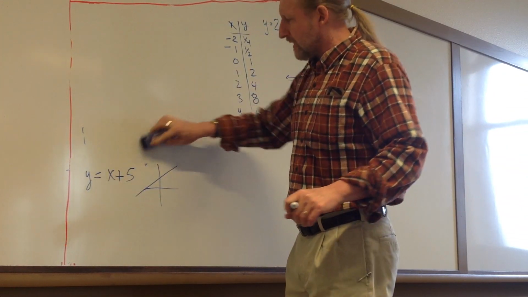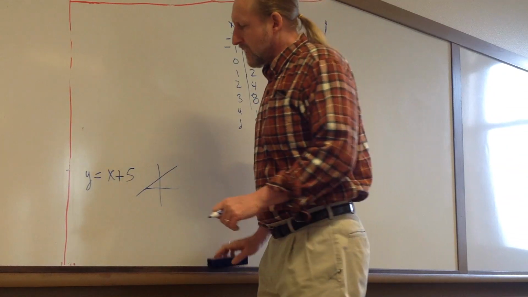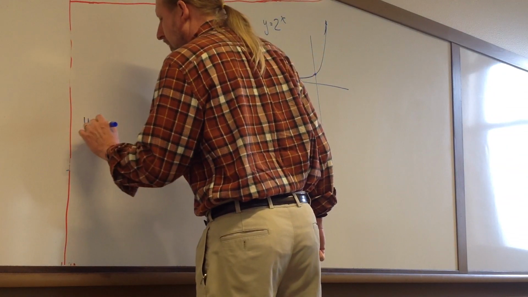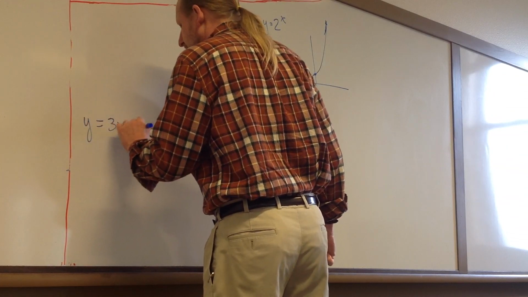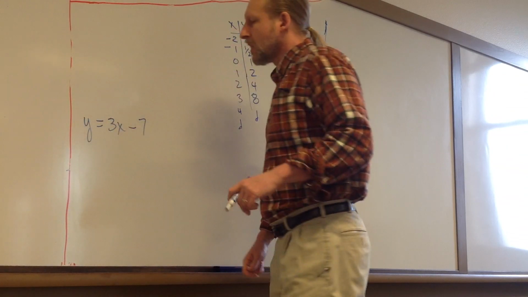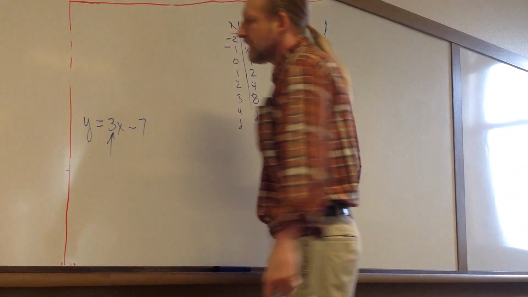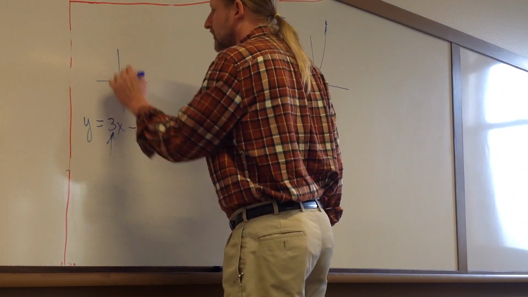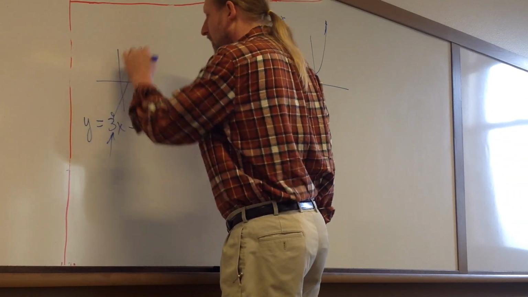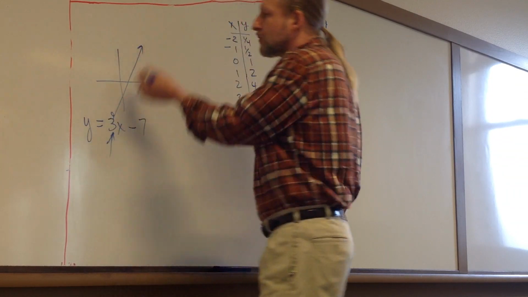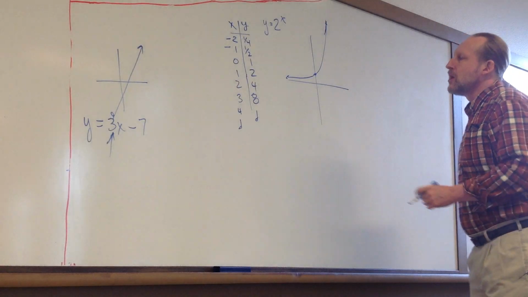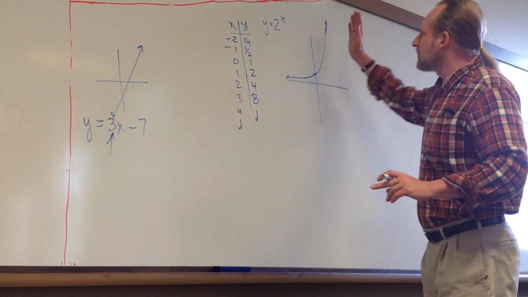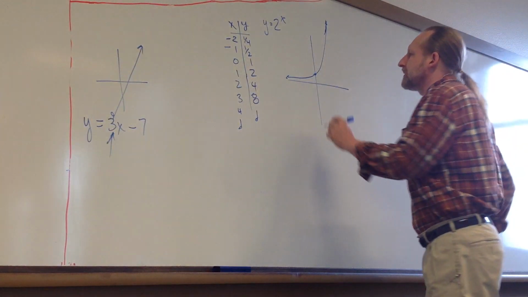Let's put up a linear function. Let's say y equals 3x minus 7. And you know that the slope is 3. The fact that that slope is constant is what makes this a straight line. So in calculus class, we do a lot of work with finding the slope of a curve at a particular point.